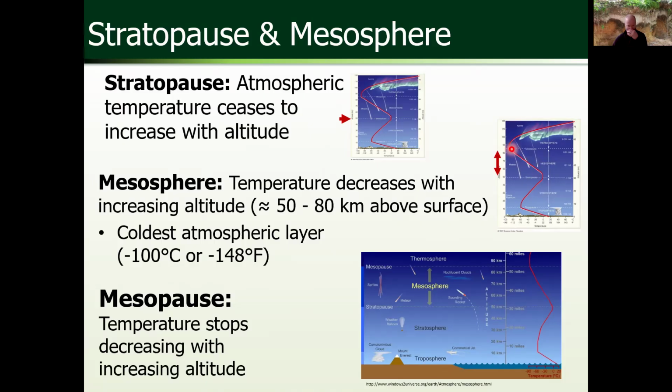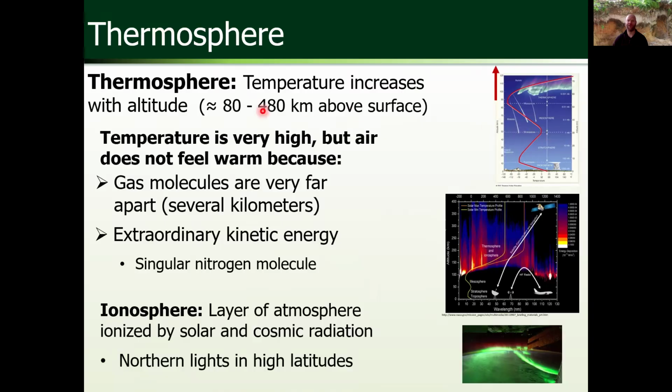And then you reach the mesopause, which is the top of the mesosphere, and that's where temperature stops decreasing with increasing altitude. And we reach the thermosphere, where temperature, like the stratosphere, once again starts increasing with increasing altitude. And actually, this has the highest temperatures of any layer in Earth's atmosphere.